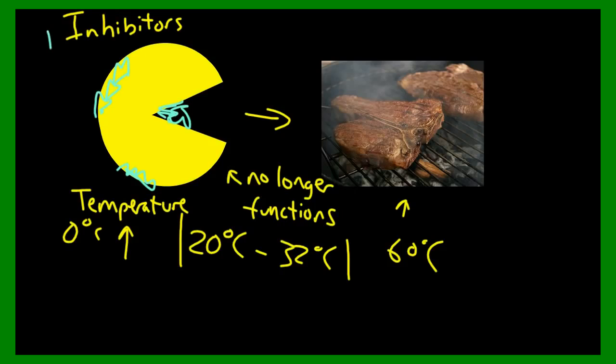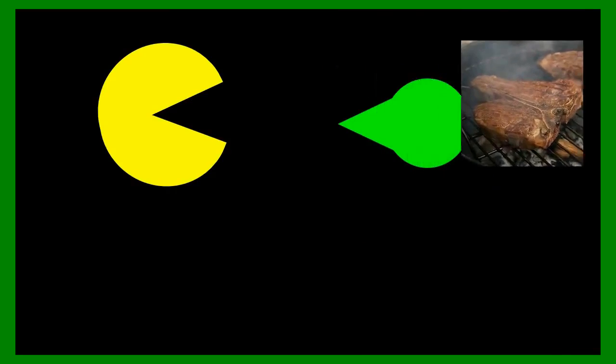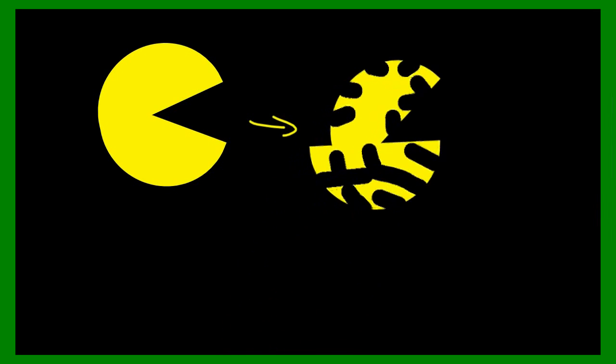So inhibitors affect enzymes, temperature affects enzymes, and finally, pH can affect enzymes. Because what can happen is when you change the pH of the solution that the enzyme is working in, your enzyme becomes misshapen, a term we actually call denatured.